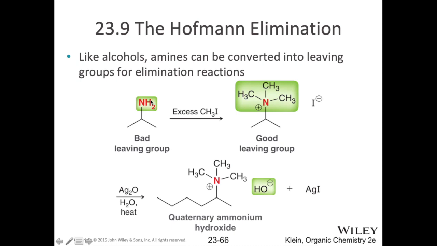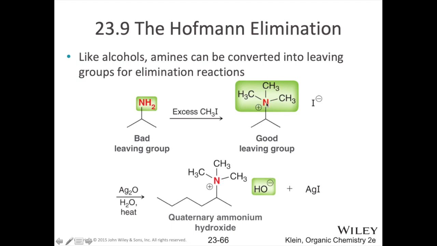So what we can do instead is a polyalkylation of our amine, right? So that works as a nucleophile. We react it with excess methyl iodide, and we add multiple methyl groups to it. Basically we turn it into an ammonium ion, and now we've got a great leaving group.